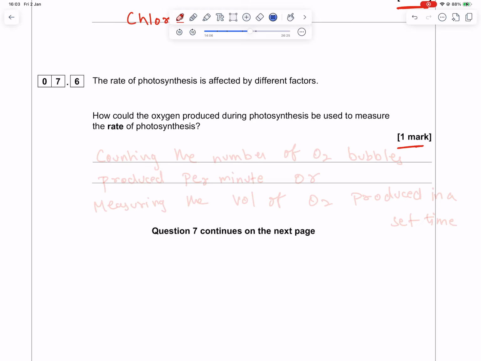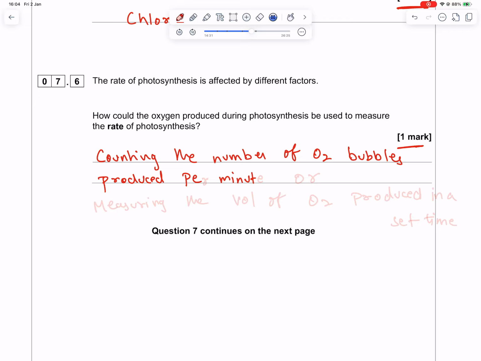Now, the rate of photosynthesis can be measured by counting the number of oxygen bubbles produced per minute. So, once again, counting the number of oxygen bubbles produced per minute.